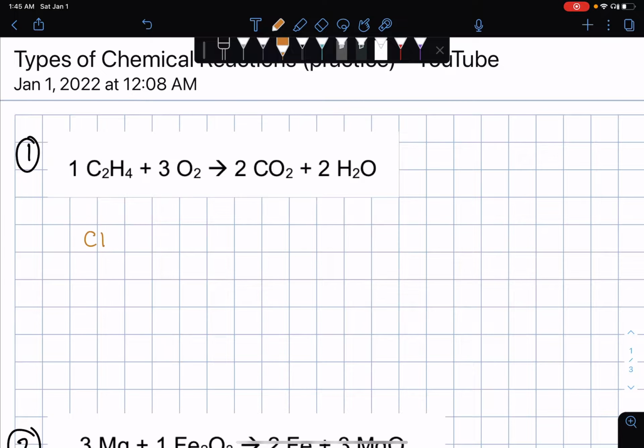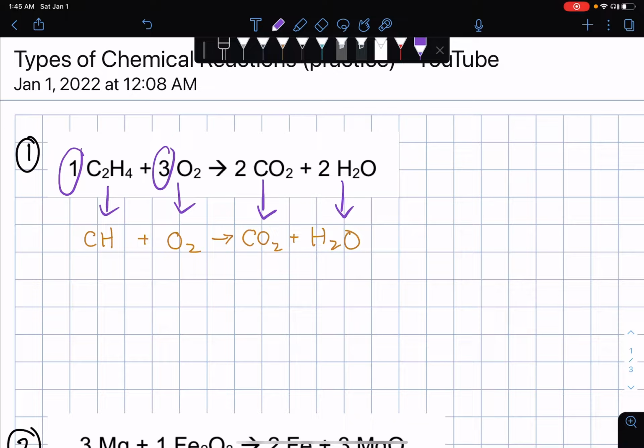Let's check. Again, our format for combustion reaction is CH plus O2, arrow to the right, CO2, carbon dioxide, plus water, H2O. Do we see any similarity, apart from the extra stuff that we see in the chemical equation?